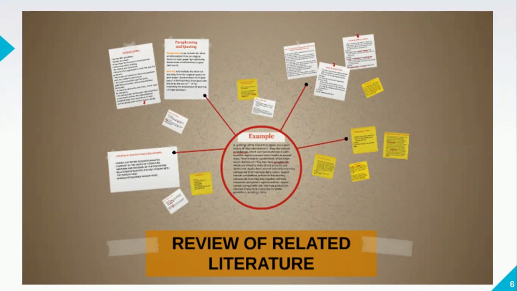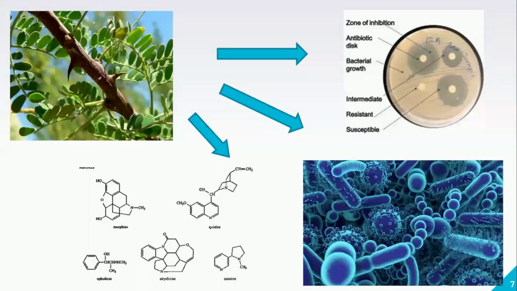Related literature is composed of discussions of facts and principles to which the present study is related. For instance, if your science investigatory project deals with antibacterial activity of Nara leaves, literature to be reviewed should be composed of materials that deal with Nara leaves, antibacterial component, bacterial resistance, zone of inhibition, and the like.